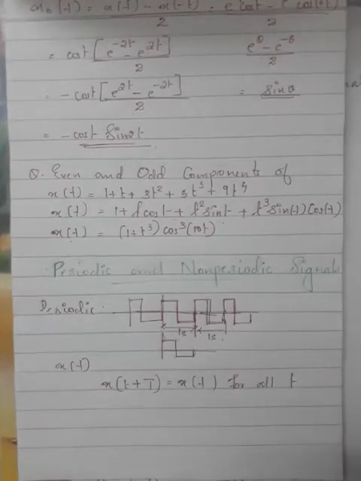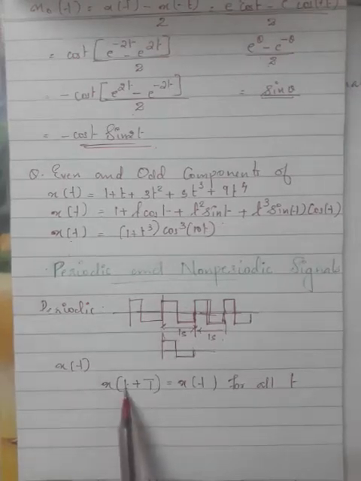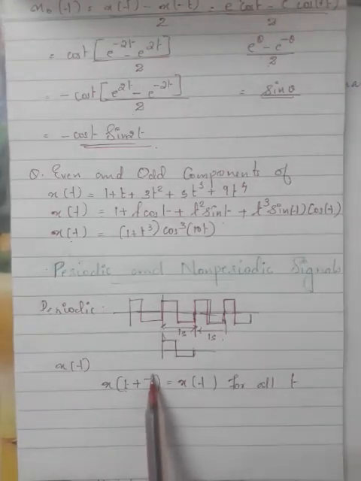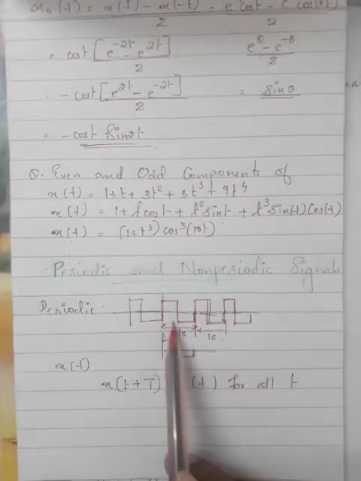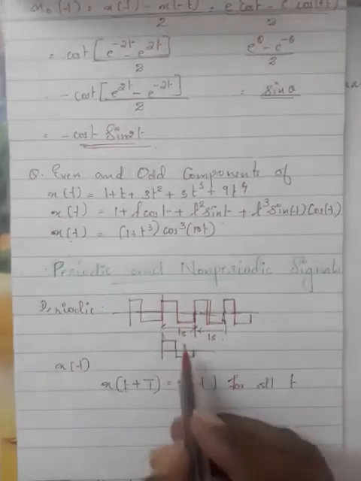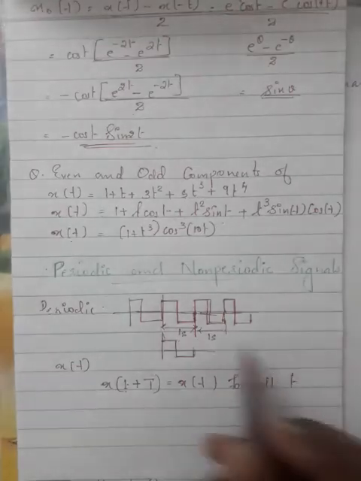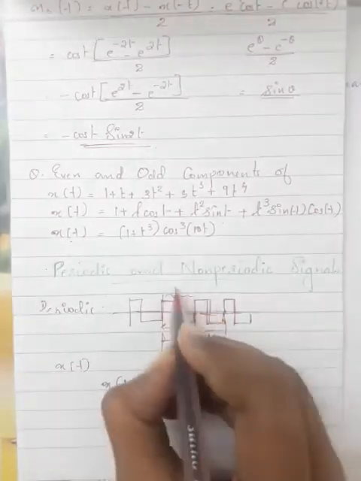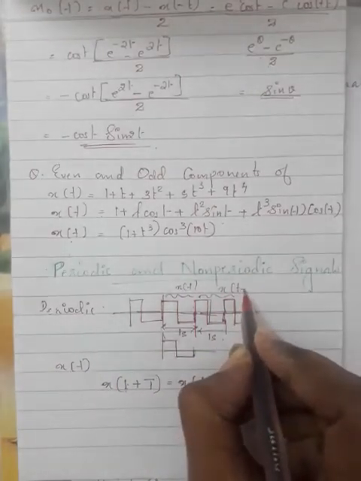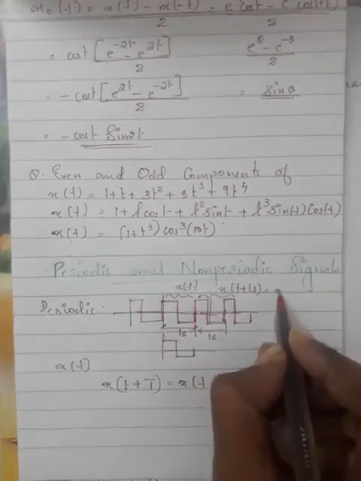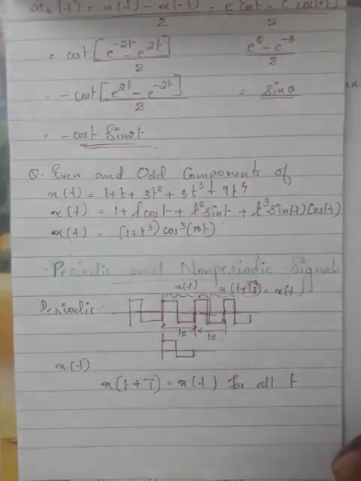That is, if this is x(t) and this is capital T, this 1 second is capital T, after every T the signal is the same. If this is x(t), this is also x(t), that is after every 1 second this x(t) is repeating.